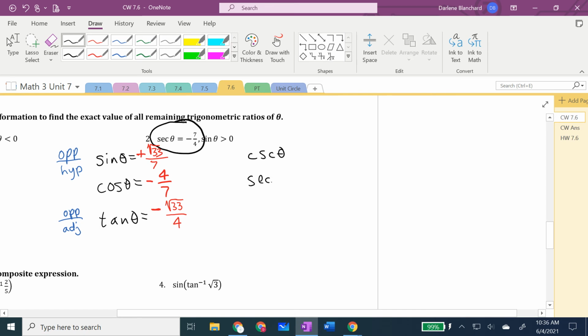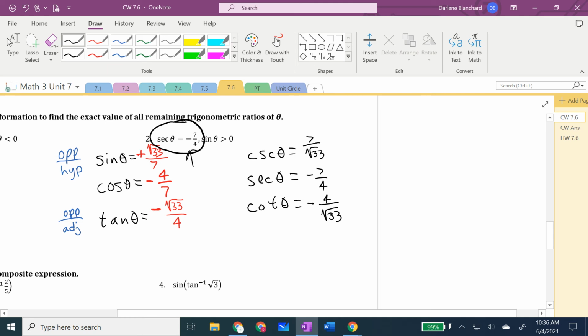Cosine's reciprocal is secant theta. Tangent's reciprocal is cotangent theta. Now realize I was given secant in the first place, so I'm going to write it down. And now, reciprocating, I get 7 over root 33, and I get negative 4 over root 33. And I've got my 6 trig functions.